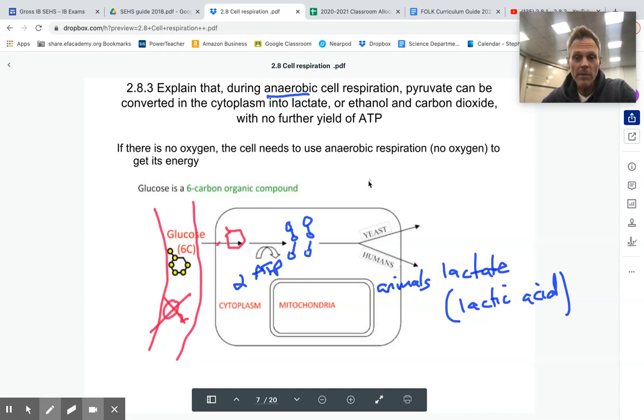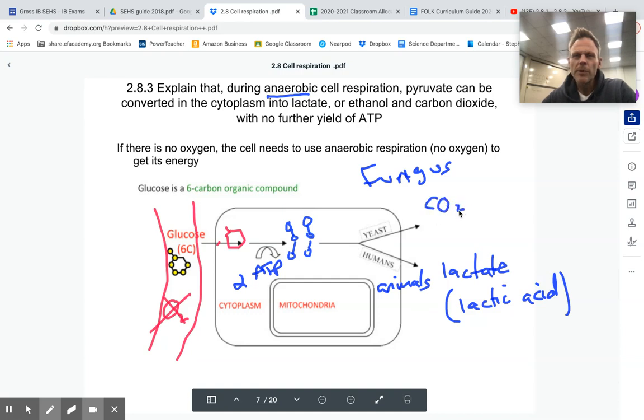Yeast, which is a small fungus, we used this when we were doing the enzyme reactions. So yeast is a one-celled fungus. It's a one-celled mushroom, and it takes a different type of anaerobic respiration. The first part is all the same. We have this process of glycolysis happening in the cytoplasm. We have our 2 molecules of pyruvate, but the waste products for yeast are carbon dioxide.